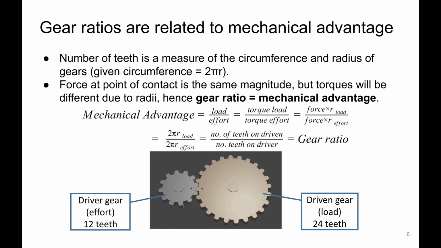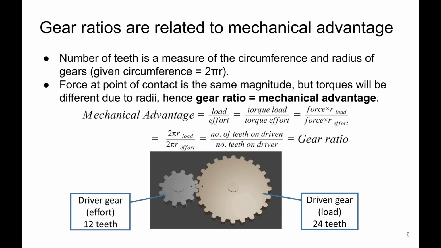Gear ratios are related to mechanical advantage. In an ideal situation with no loss of energy and no friction, gear ratios are actually equal to mechanical advantage. The reason for this is that the number of teeth, as we've seen, is a measure of the circumference of the gears, but circumference is given by the formula 2πr.